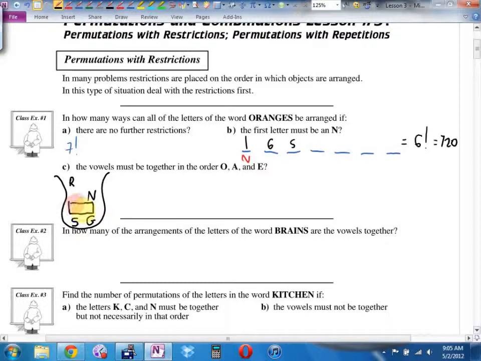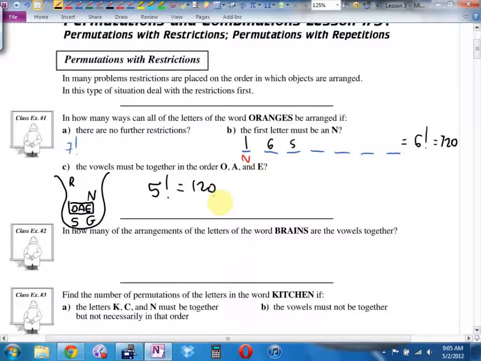And on this weird tile, O, A, E, because that's what it says. The vowels have to be together. How many tiles are there in this grab bag? Count carefully. 5. The answer to this is, even though there's 7 letters, there's 5 choices. Which is 120, I think, yeah?